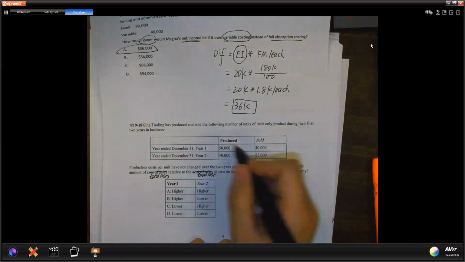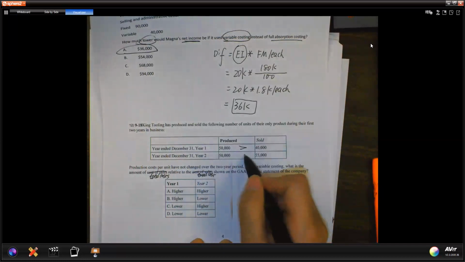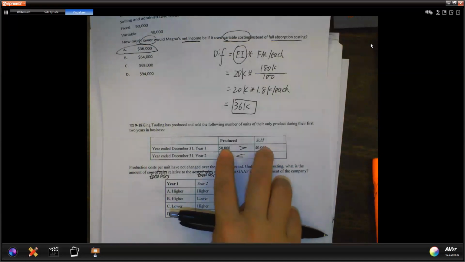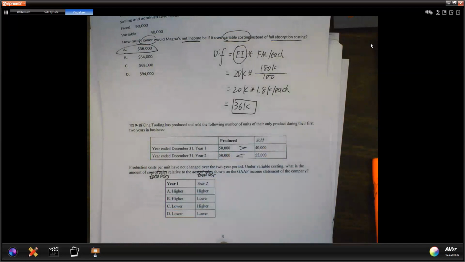In year one, your production is more than your sales, and in year two, your production is smaller than your sales. So then your effect definitely will be opposite, right? It cannot be the same, because the first year you produced more, then the second year you sold more. So it has to be opposite.